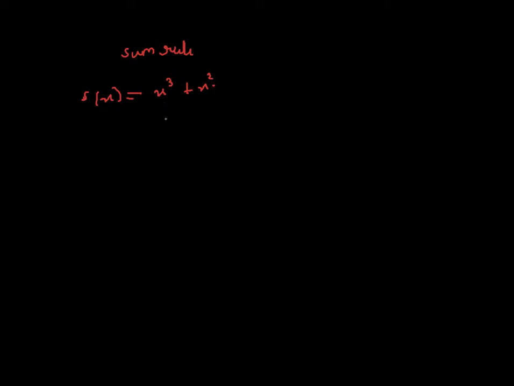If you have two different functions, treat them as two different functions altogether. I said it as a funny thing, but it's easy. So say f of x is x cubed and g of x is x squared. So what is s of x? It is f of x plus g of x.